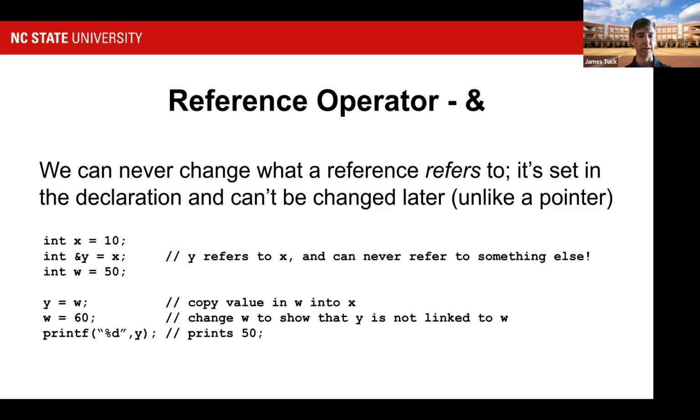So when I print out y here, I'm going to print out the value of x, okay? And the value of x here has to be 50, right? Because y is the same as x, x got modified to have the same value as w, right? So we print 50. Now that's a little bit of a convoluted example. I just want to really emphasize this idea that once you set a reference to link to a given variable, it's always linking to that single variable, and you can never change it.